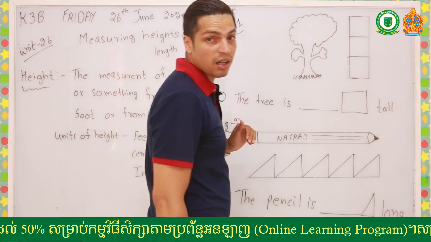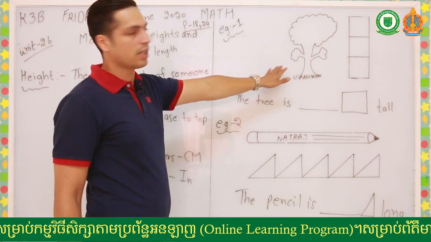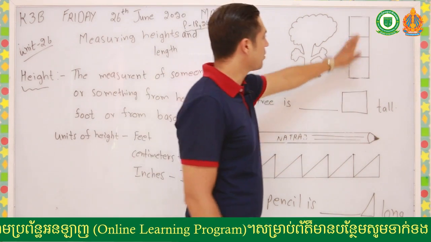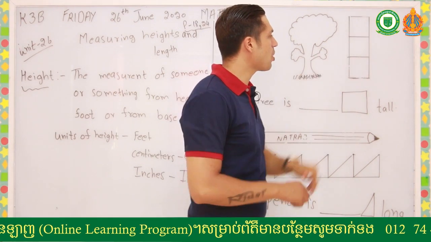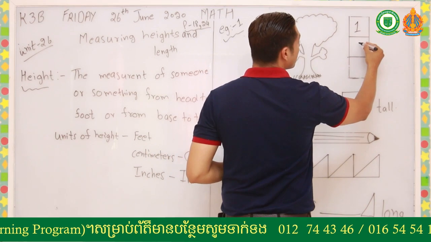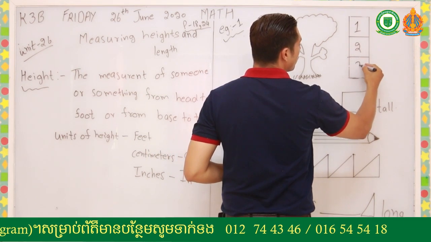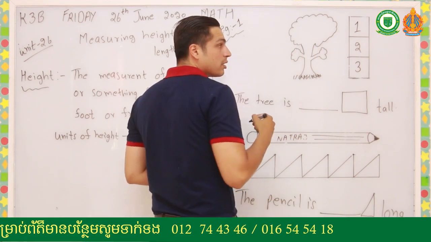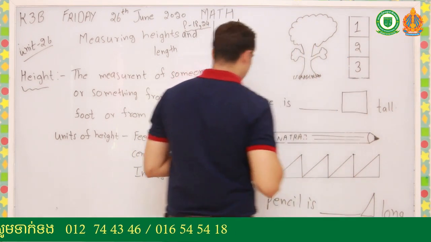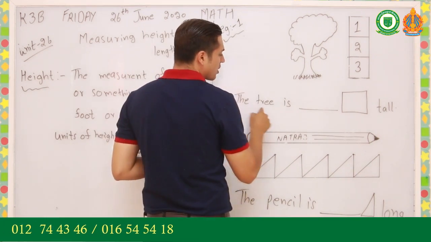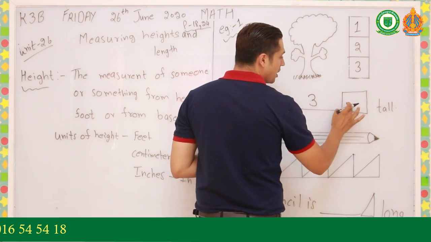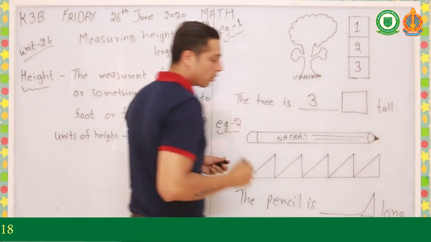Either we can measure it with a scale, ruler or measuring tape, but we have boxes here. So how many boxes? 1, 2, 3. Okay, so we write down the tree is 3 boxes tall.